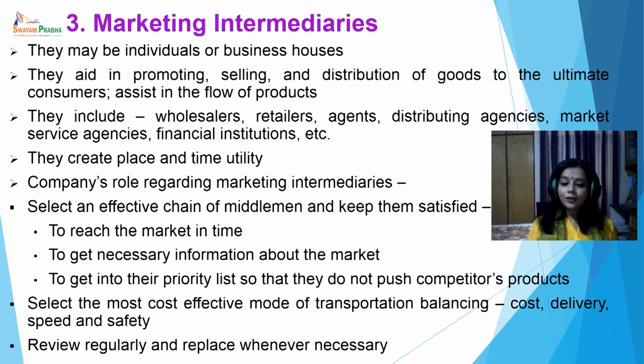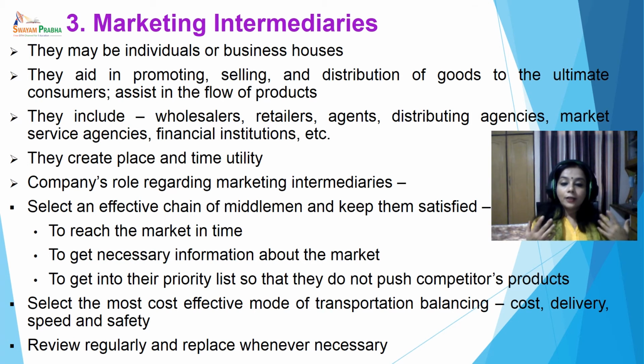The next element of the microenvironment is marketing intermediaries. These may be individuals or business houses. As the name suggests, these marketing intermediaries aid in promoting, selling and distribution of goods to the ultimate consumers, assist in the flow of products, and they include a whole gamut of people who help in the whole process of producing the goods and distribution of the goods.